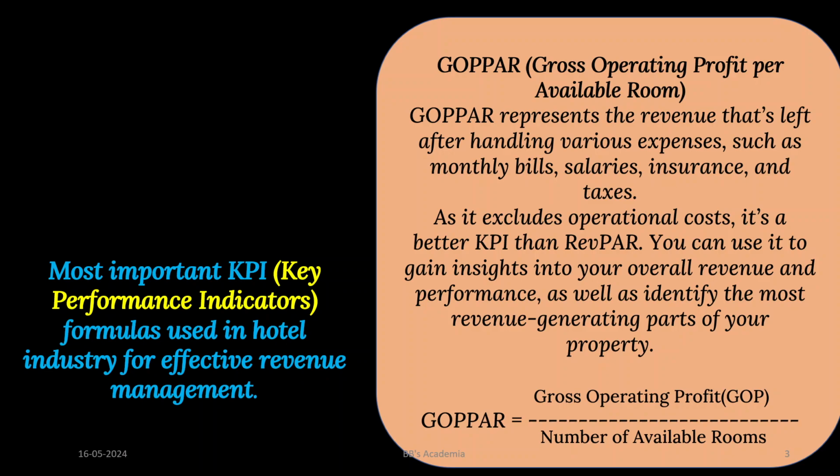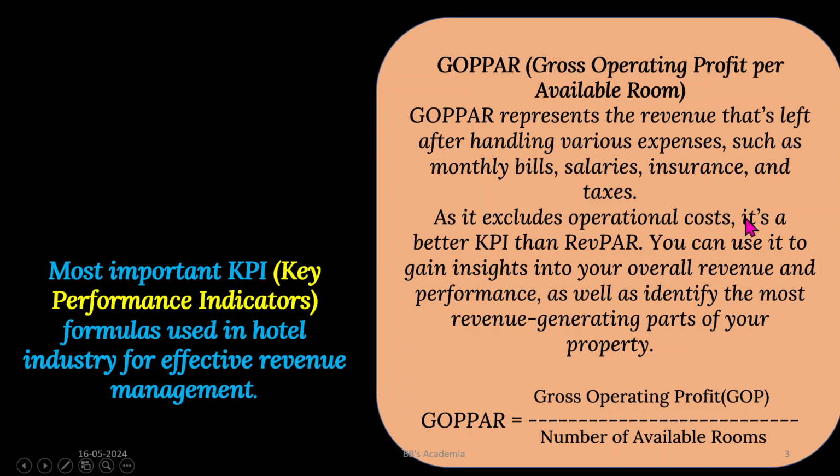Try to understand this. GOPPAR represents the revenue that's left after you have paid various expenses such as monthly bills, salaries, insurance and taxes. Okay, as it includes operational cost, it is a better KPI than RevPAR. That is very simple to understand.